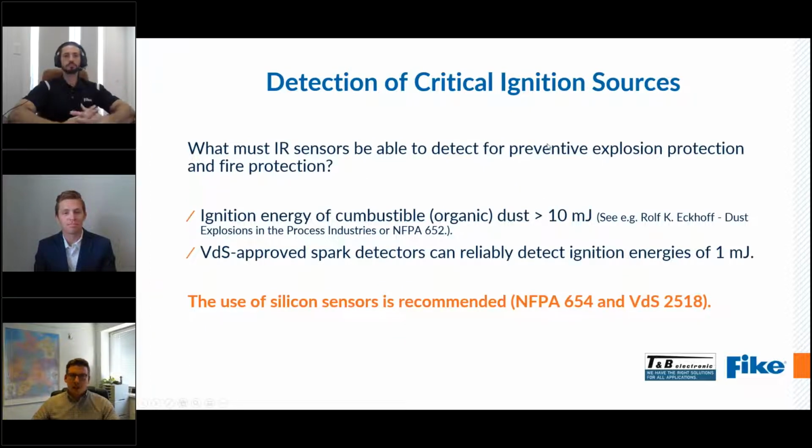So, detection of critical ignition sources. As Mr. Redding already said, the lowest ignition energy is about 1 millijoule, and the ignition energy of combustible organic gas is about 10 millijoule and up. A VDS approved spark detector can reliably detect ignition energies of 1 millijoule.